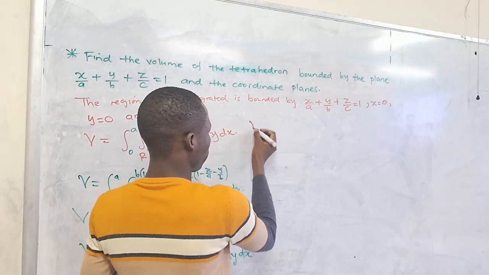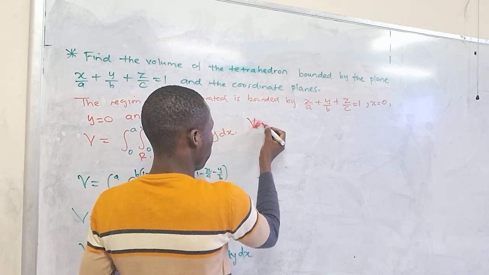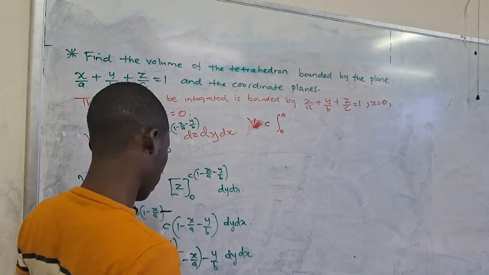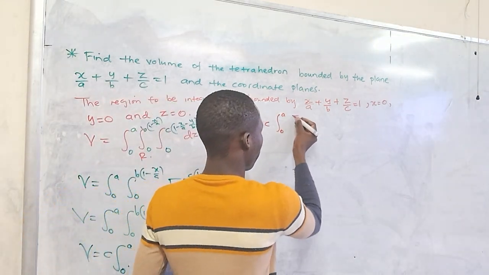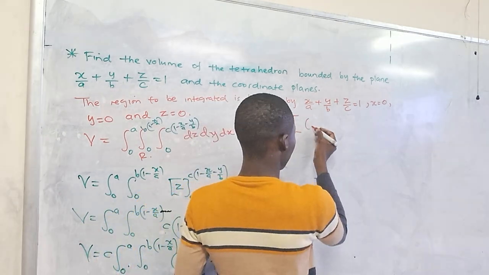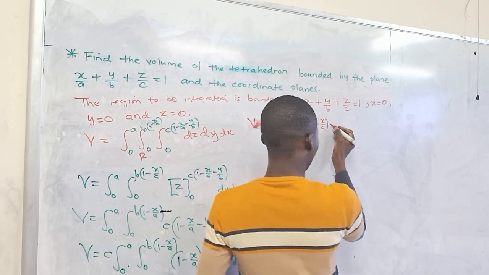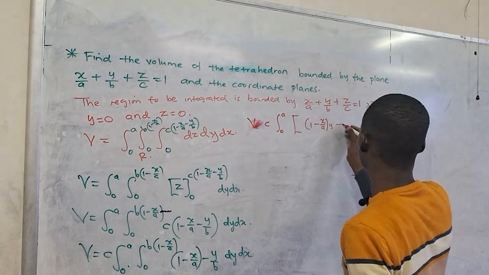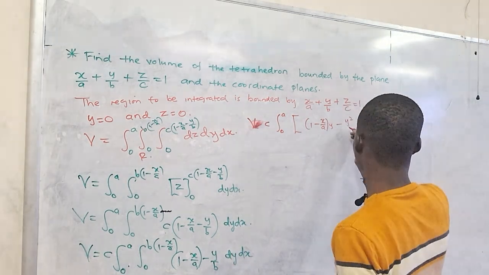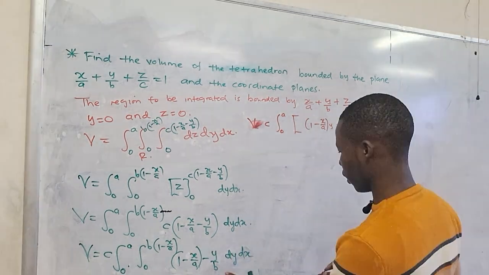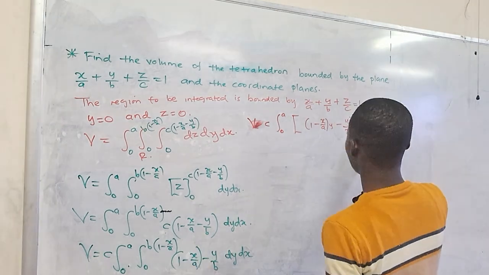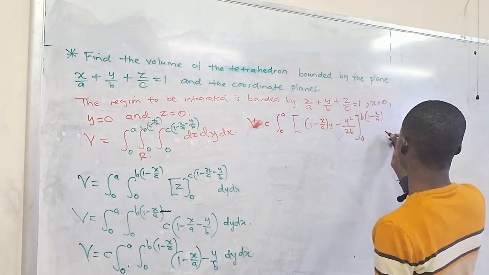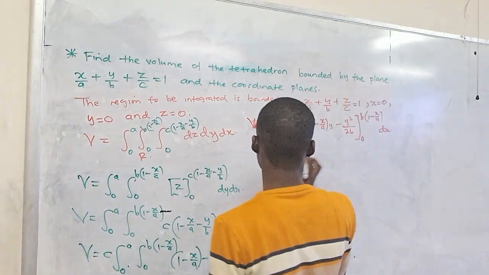Now V is equal to c integral from 0 up to a. This is 1 minus x by a, which is a constant, into y minus y squared by 2b. The lower limit is 0, the upper limit is b into 1 minus x by a, with respect to x. Let's substitute.